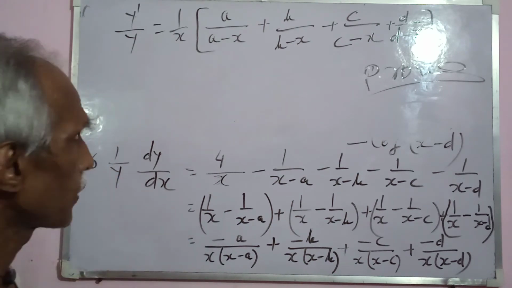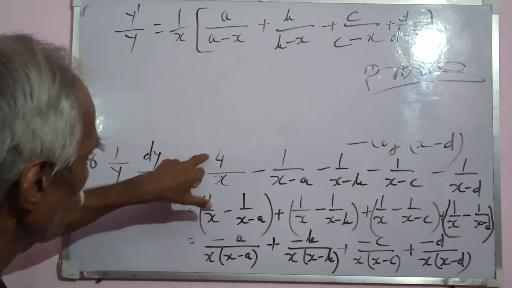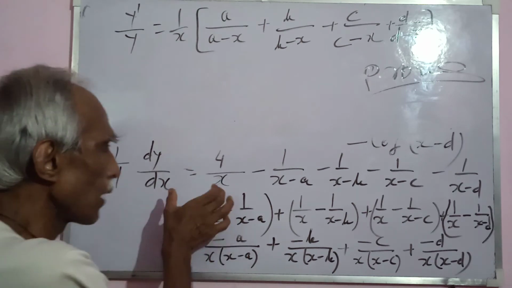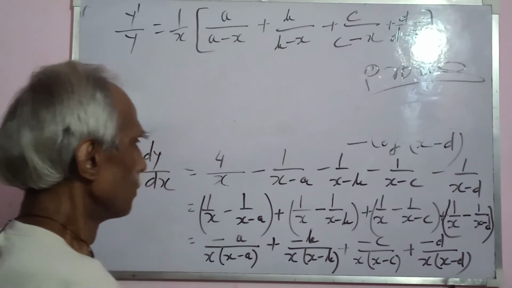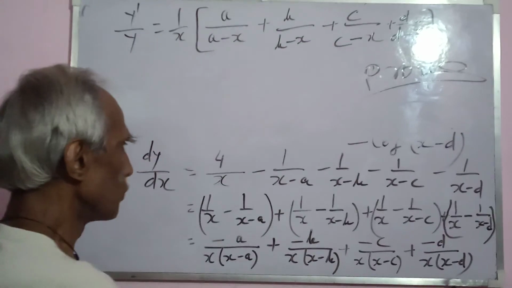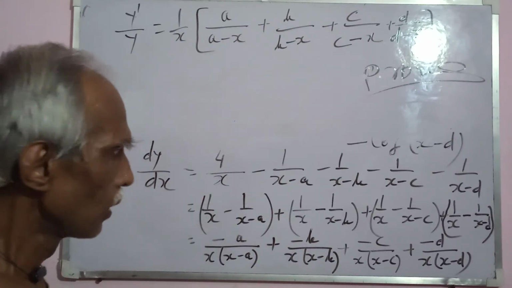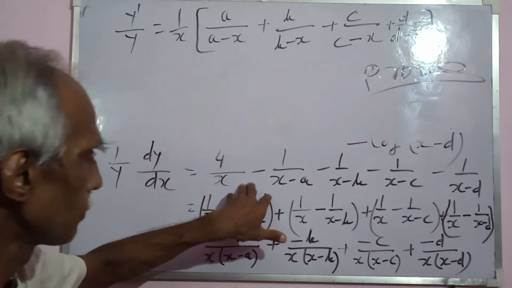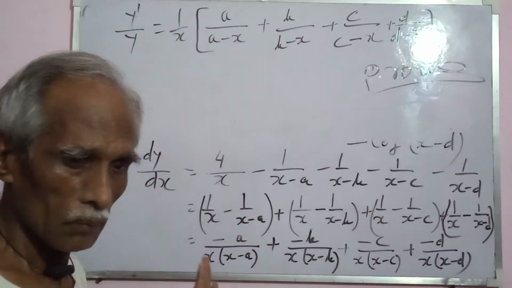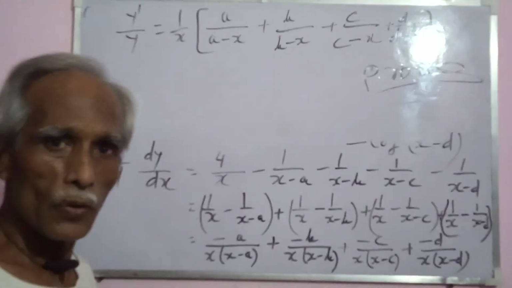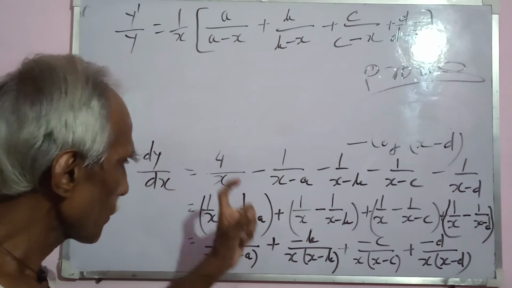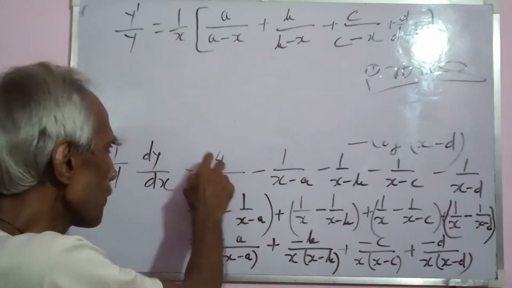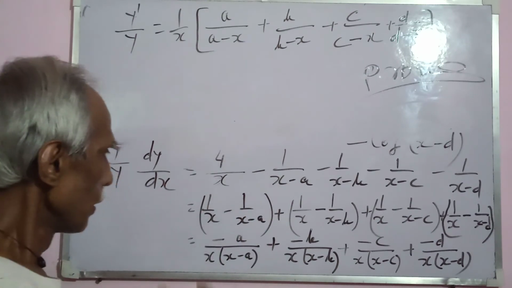Apply an easy process. As I told you about 4 by x, if you calculate all these combinedly without changing 4 into 4 parts, you can solve, but that was not easy. The easy process is if you change 4 into 4 parts.